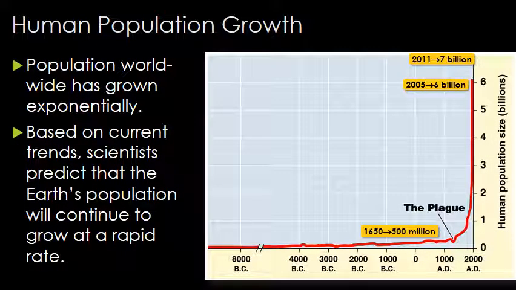Population worldwide has grown exponentially, and based on current trends, we predict that the Earth's population will continue to grow at a rapid rate. The natural slowing of population growth as it nears Earth's carrying capacity is going to be due to an increase in death rate and a decrease in the birth rate as a result of things like water shortages, pollution, food resources, land use problems, imbalances in the biogeochemical cycles.